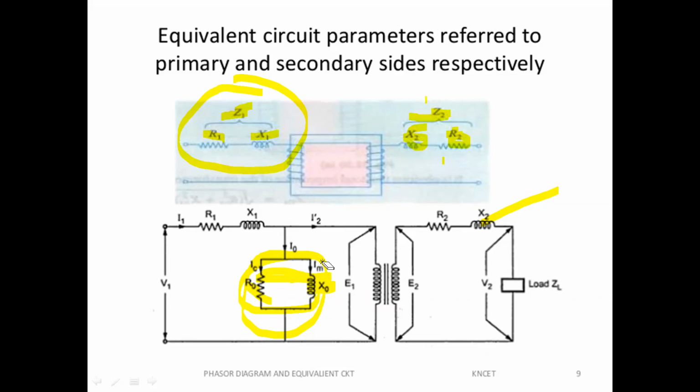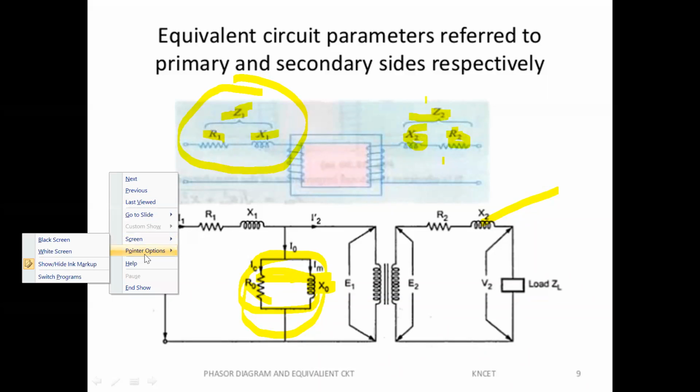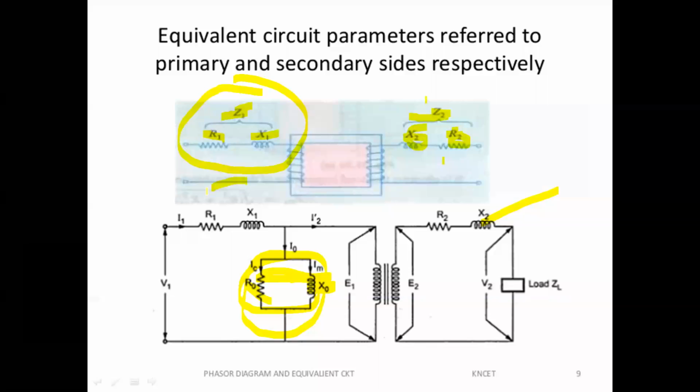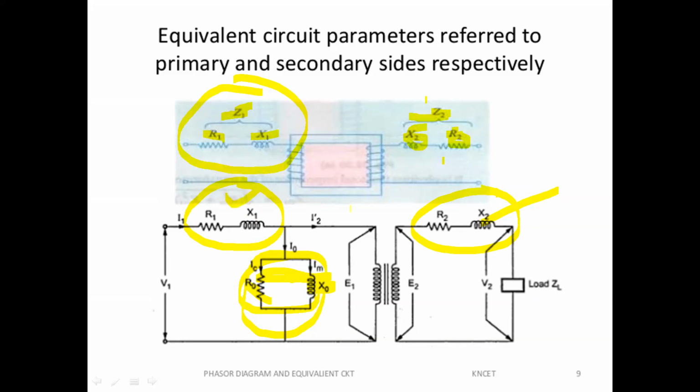Now the series branches. The primary coils are represented in series with R1 and X1, and the secondary with R2 and X2. These are the series branch parameters. We call them the series branch on the primary side and the series branch on the secondary side.